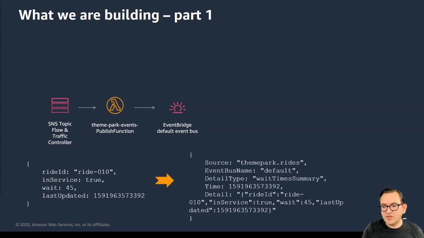The event we'll be creating is also just JSON, but it has an event envelope that contains some descriptive information beyond just the ride information that we had from the SNS message. Then we'll create a JSON stringified body to create a detail attribute. That's essentially how you create an event and put it into an EventBridge event bus.